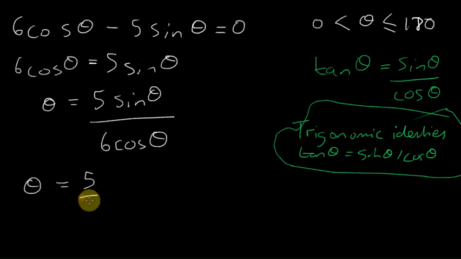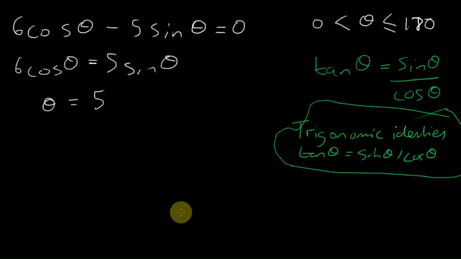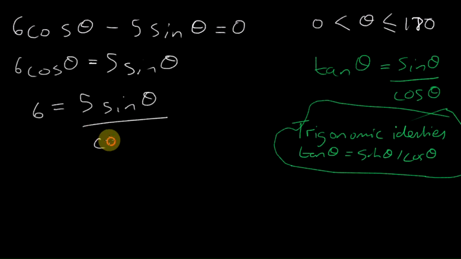Often when you say it, it can be a bit confusing. So we got to here. Let's take the cos theta over there to get it in that form. That will give us 5 sin theta over cos theta.